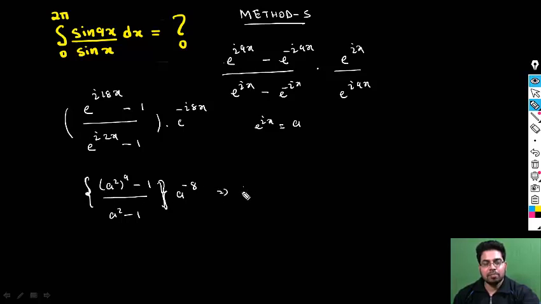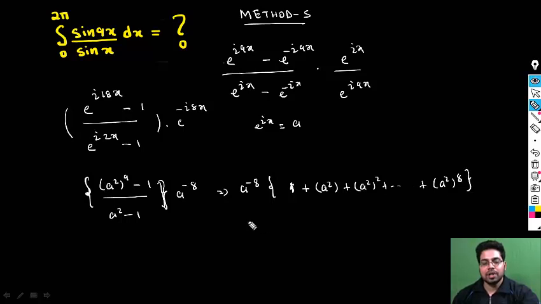So this expression is a summation of a GP, which is this. I am taking a to the power minus 8 outside. This is the summation of GP, which is 1 plus a square plus a square square and so on till a square to the power 8.